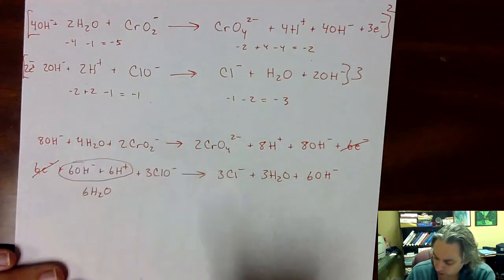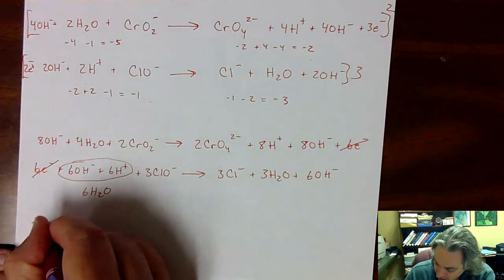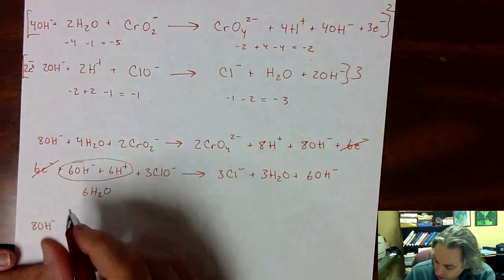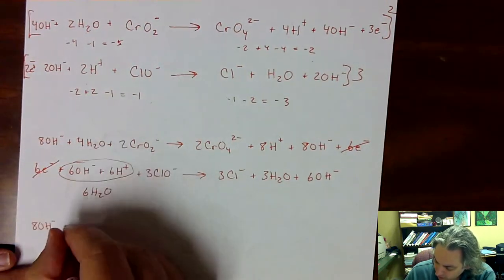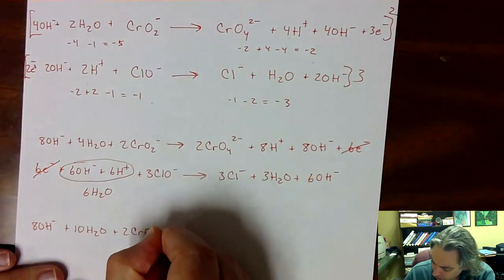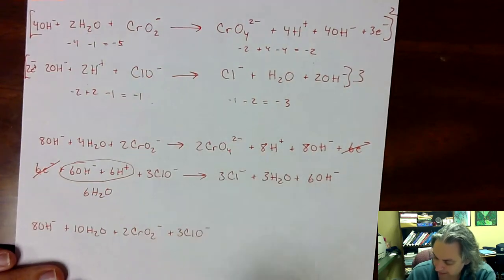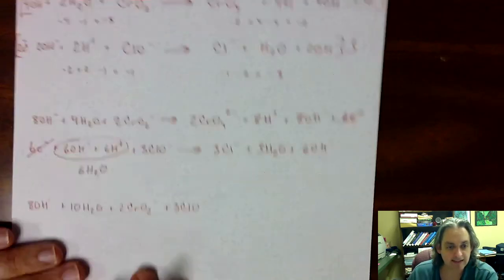And we have 4 waters here, so let's go ahead and bring down to 8 hydroxides. So 8 OH minuses plus 10 water. And then we have 2 CrO2 minus plus 3 ClO minus. So that's everything on the reactant side.